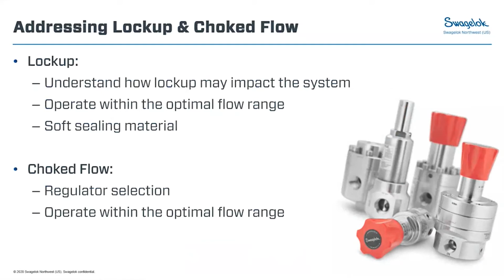We will get into flow curves and sizing and selecting a regulator in a future installment, so do stay tuned for that. Another option for addressing lockup is using a softer seat material. This does come with its downfalls, but it is an option for looking at lockup.